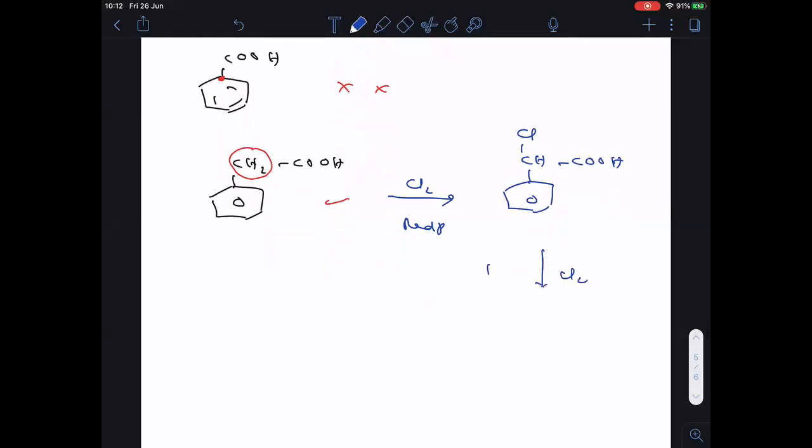When the reaction takes place again with fluorine and red phosphorus, one more alpha hydrogen is displaced. Hope you are able to understand. So in this way, the acids which contain alpha hydrogen atoms only undergo this reaction.